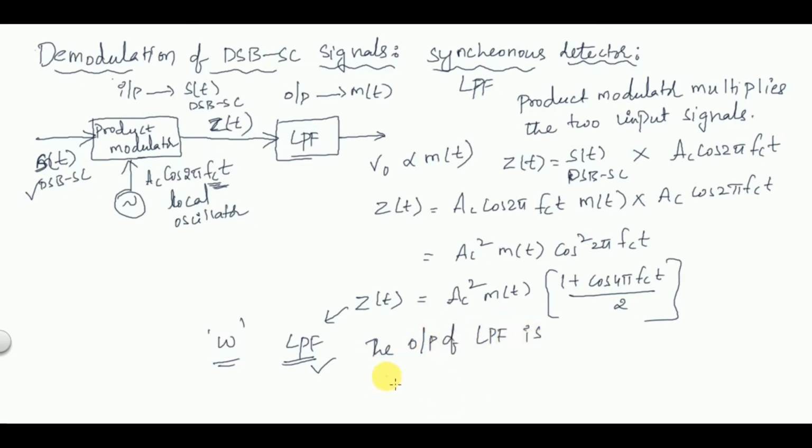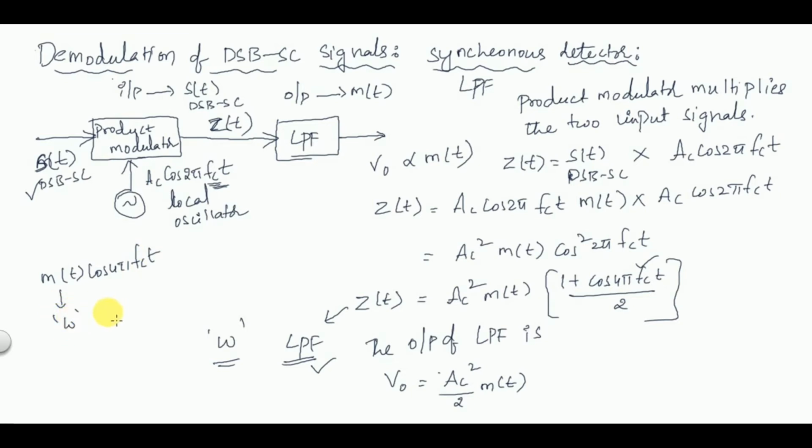is V naught, which is equal to, if you observe, the first term Ac square by 2 into m of t. So m of t is the only signal and its bandwidth is W, so it is passed by the low pass filter. The second term is m of t into cos 4 pi fc t.